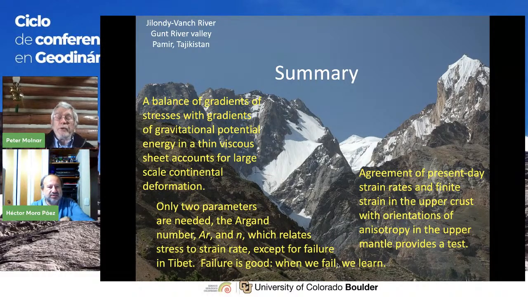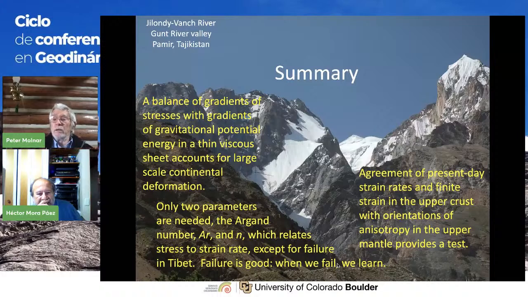So in principle, there'll be no dependence of gravitational potential energy on viscosity or frictional properties. Now, of course, if you had very low viscosity material, it would be hard to maintain large gravitational potential energy because the high regions would flow apart and sink down to low elevations. But the gravitational potential energy itself does not depend on the viscous processes. The response will depend on the viscous processes.